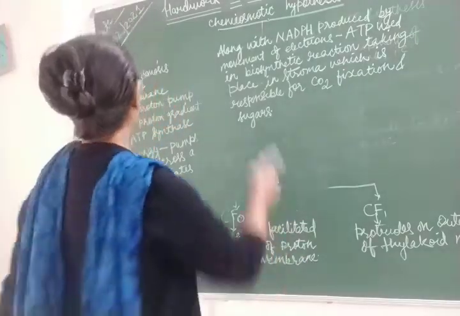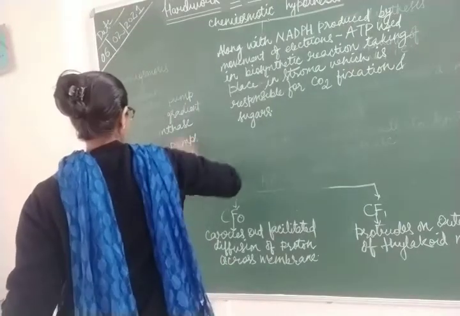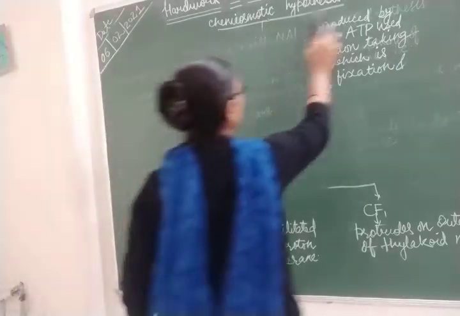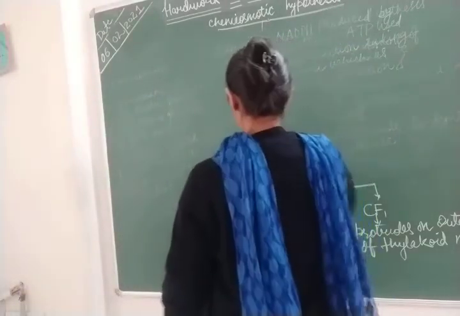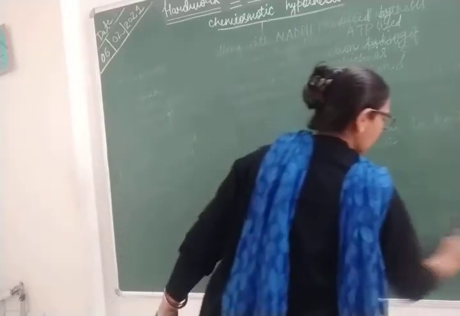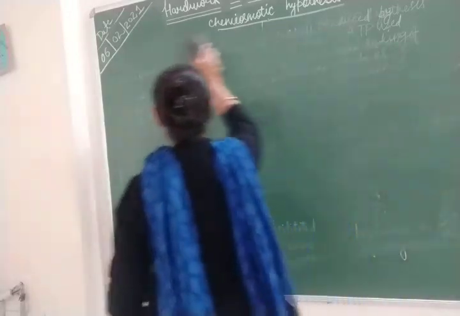Now, two types of pathway we have seen, that is C3 pathway and C4 pathway. C3 plants and C4 plants are a little different from each other.